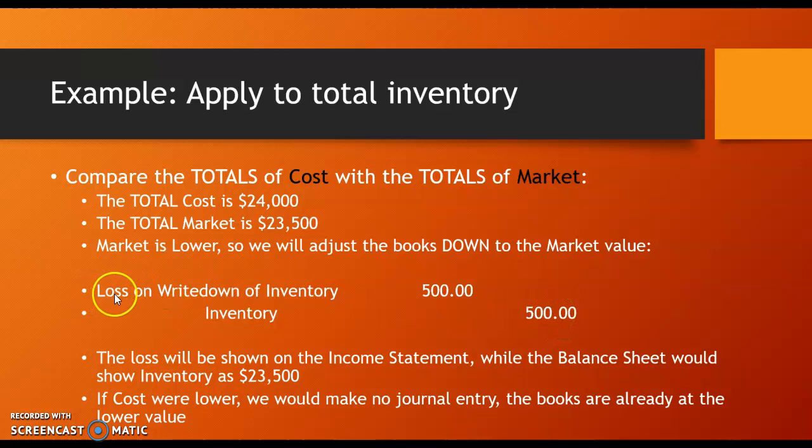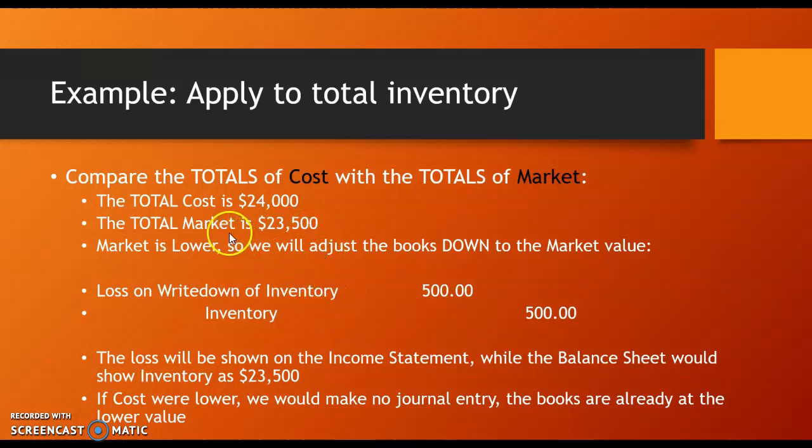And we're going to debit a loss account that's shown like an expense. So it's a reduction on our income statement. It's going to lower our net income. So loss on write-down of inventory would be debited for the $500. That $500 loss will show up on the income statement, and the inventory will end up showing up as $23,500 on the balance sheet.